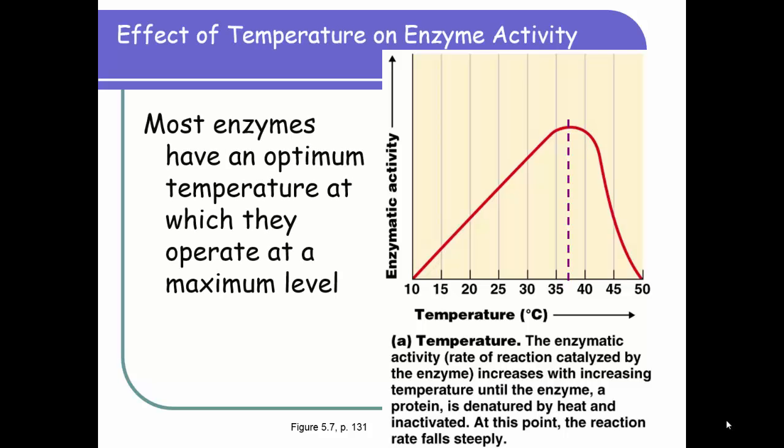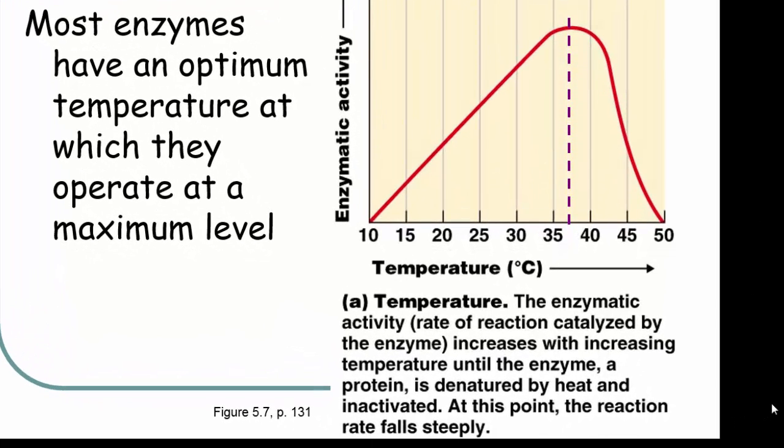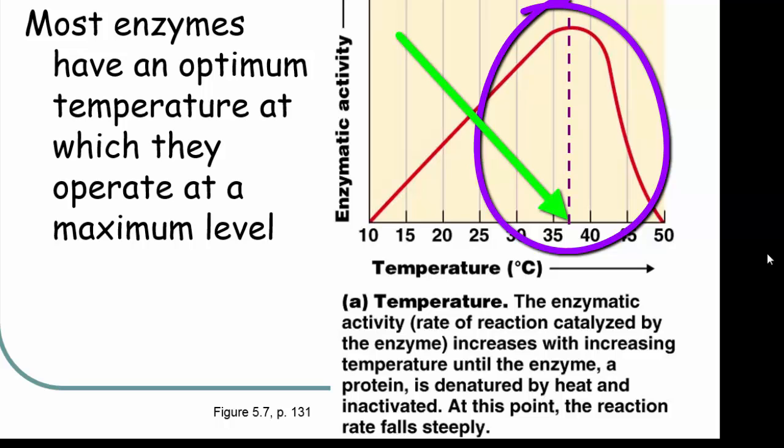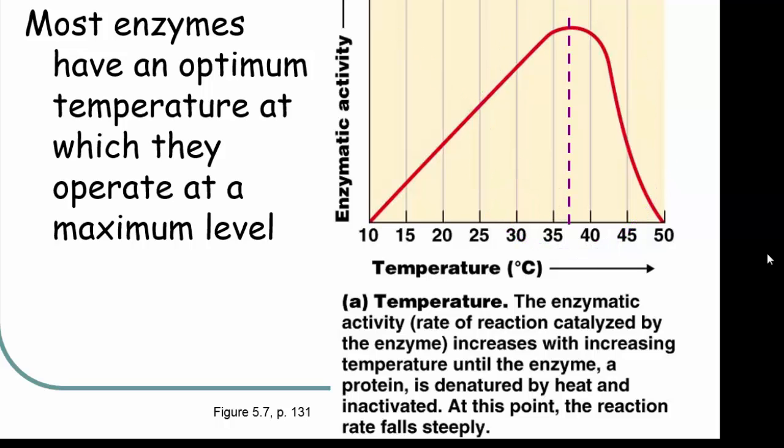Most enzymes will have an optimum temperature at which they operate at the best level. For example, this enzyme shows that its best level is at about 37 degrees Celsius, which is body temperature of the human. You'll notice that as heat increases, the activity of the enzyme drops off rapidly.